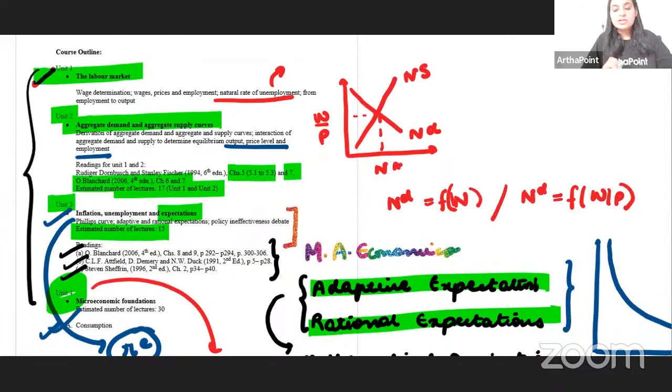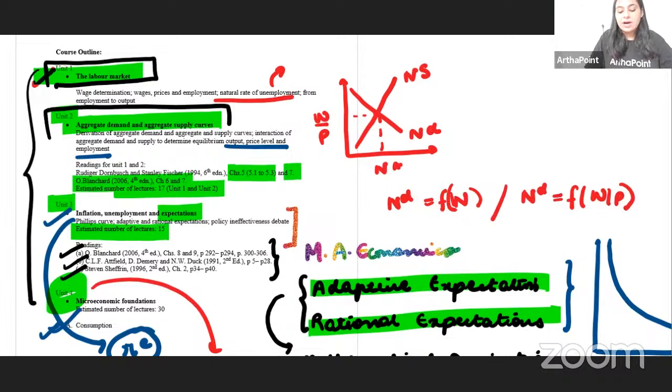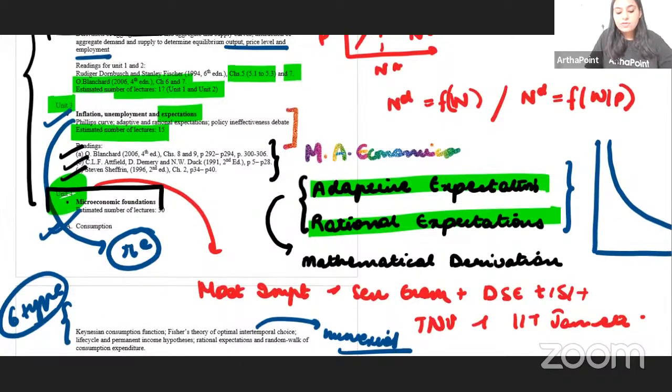We will cover this syllabus by the end of October. We should be very thorough with it by end of October. The aim is to cover 4 units, which is the labor market, aggregate demand and aggregate supply, unit 3, which is inflation, unemployment and expectation, and unit 4, which is microeconomic foundation.